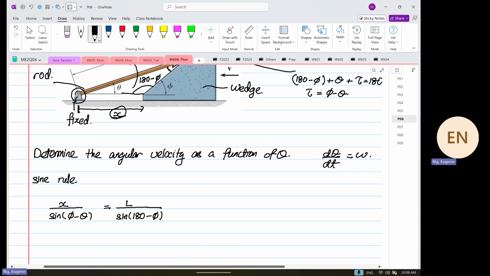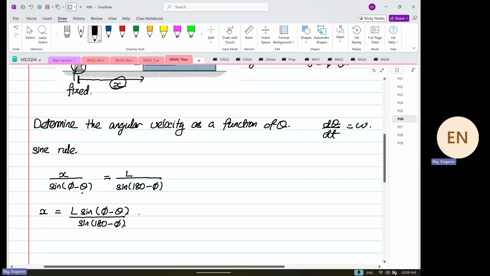Having theta down here is good news. So x is equal to L sine of pi minus theta over sine phi, and if you use your calculator, you realize that it is L sine of pi minus theta over sine phi.